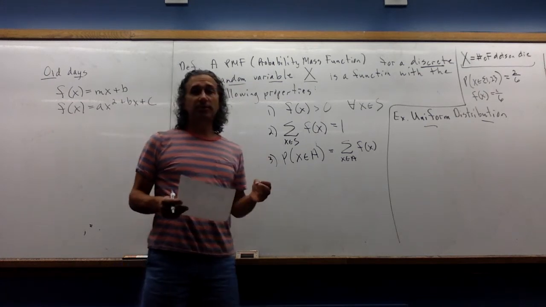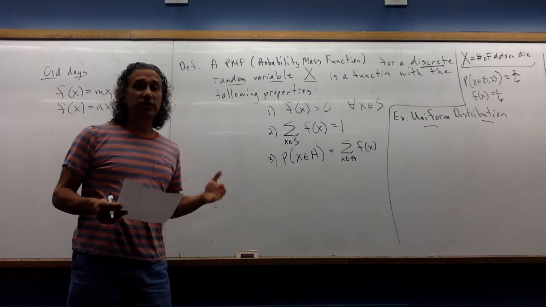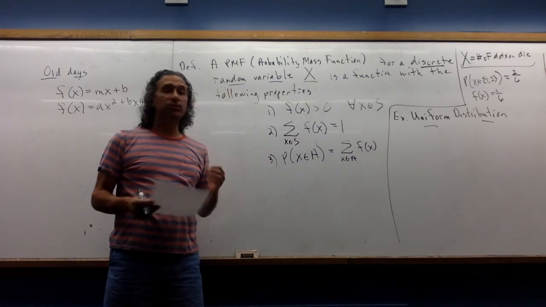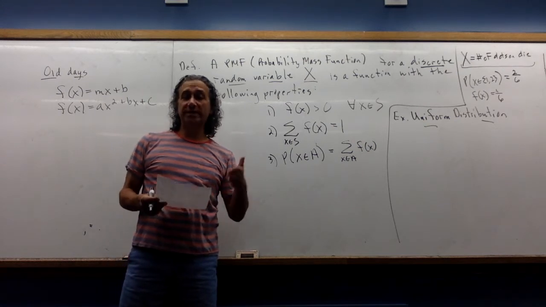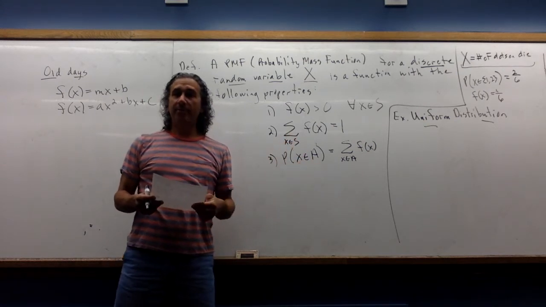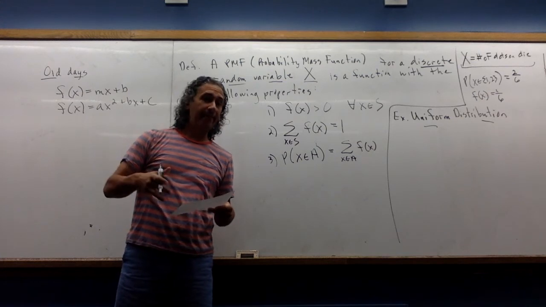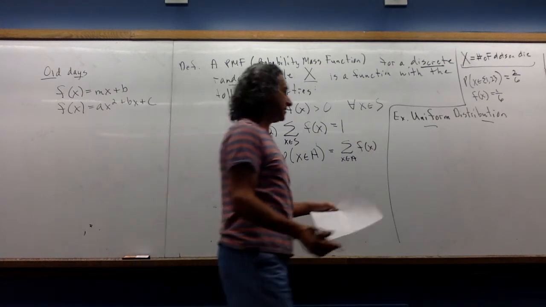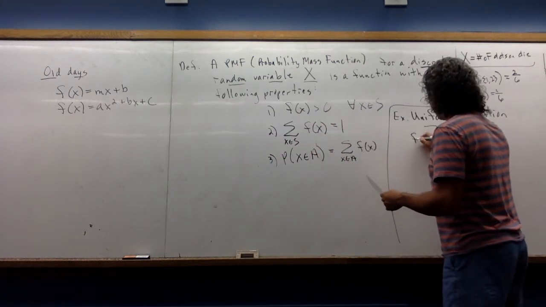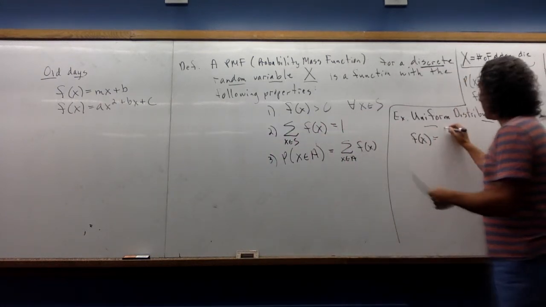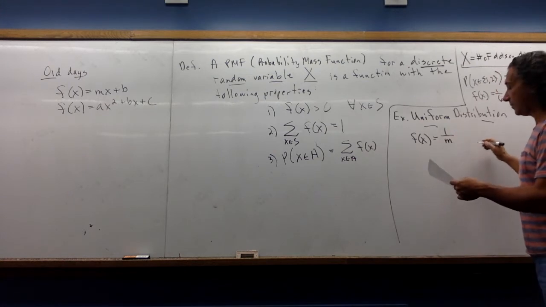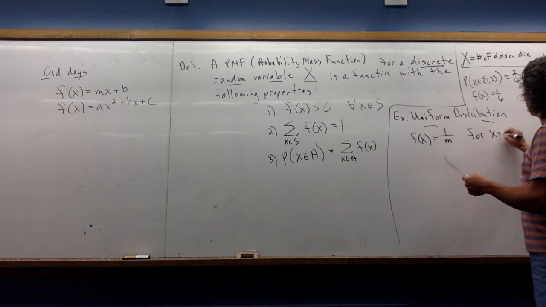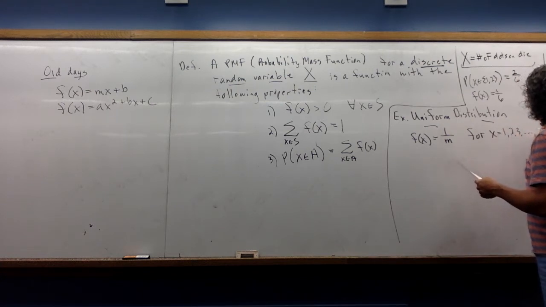The uniform distribution is the probability mass function, or PMF, that describes a situation where you have a discrete set of outcomes, those outcomes go from 1 to m, and each of those events is equally likely. When that's the case, the PMF is given by f of x equals 1 over m, for x equals 1, 2, 3, up through m.